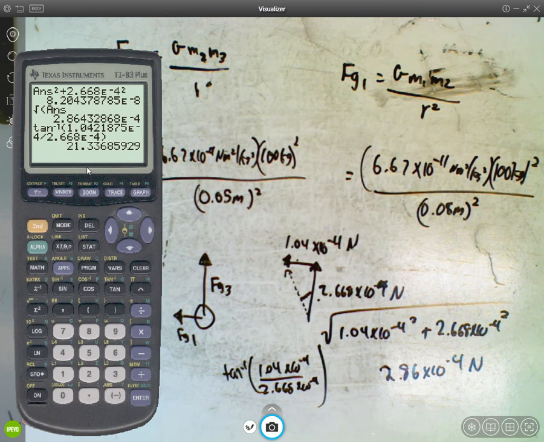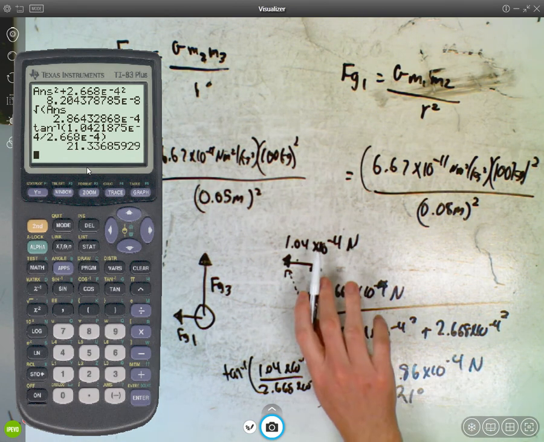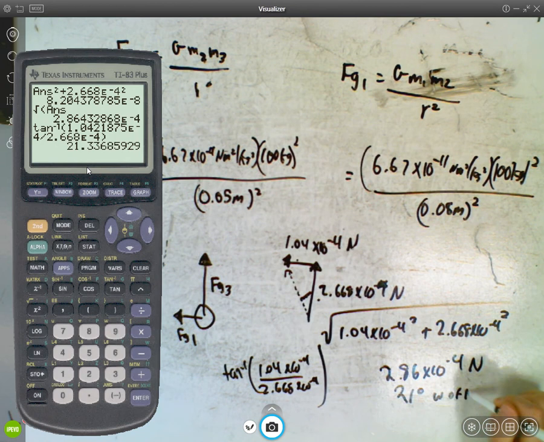And I get 21 degrees. So this is 21 degrees. And I'm not going north, I'm going west of north. That's my final answer. Okay, so that's how you do 2D questions.